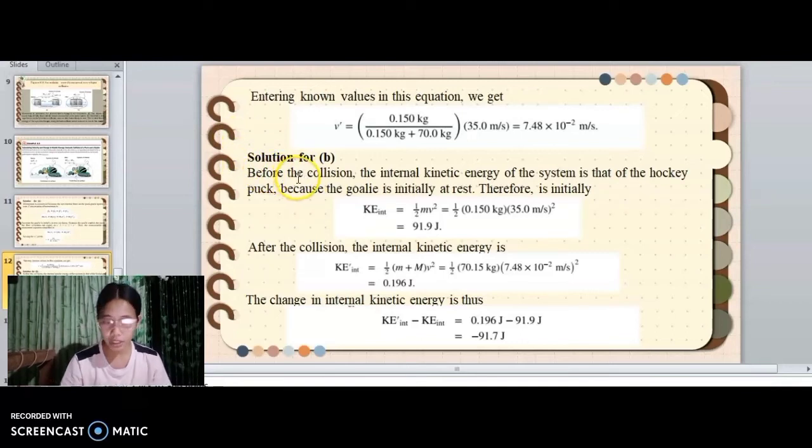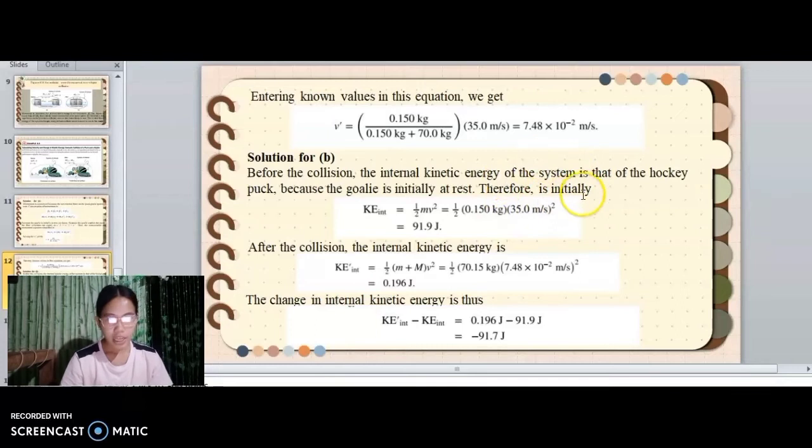So before the collision, the internal kinetic energy of the system is that of the hockey puck because the goalie is initially at rest. Therefore, internal kinetic energy initial would be 1/2 mv squared equals 1/2 times 0.150 kilogram times 35 meters per second squared.